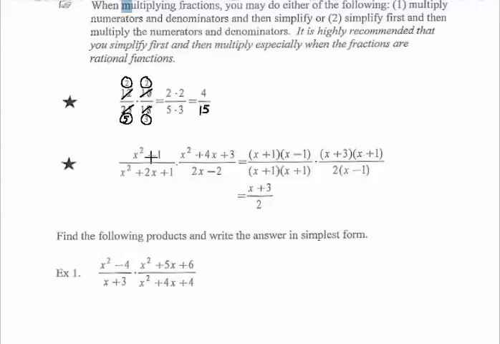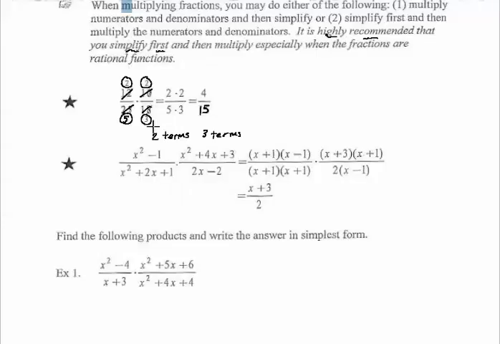Now with the rational expressions, the workbook gave us a note. It said it is highly recommended to simplify first, which makes sense. If you do not simplify, as here on the top, we have 2 terms, and on the top of this rational expression, we have 3 terms.